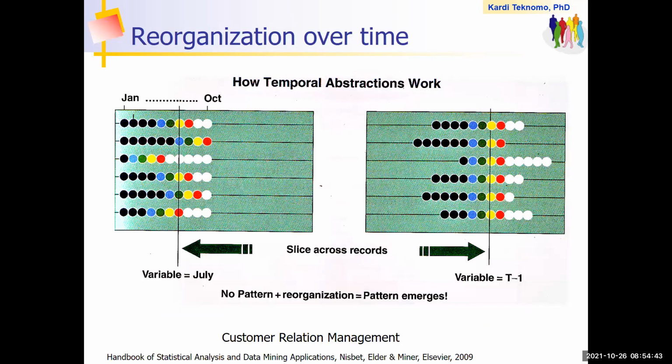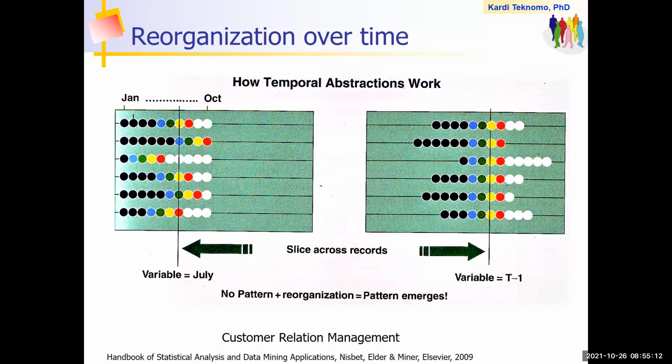Now the same data here, you rearrange. How do you rearrange? Suppose the data is about time here. So now we slide the same data, you slide it so that the orange, July, will be exactly the same in the middle, right?